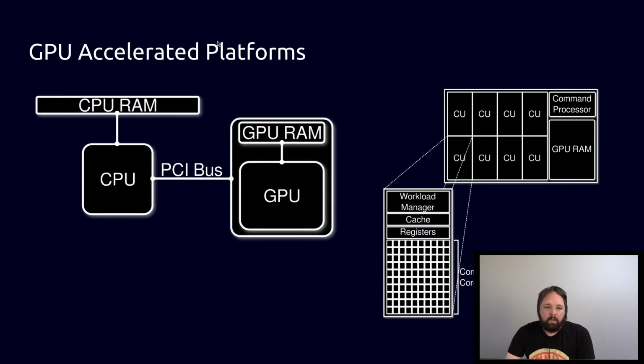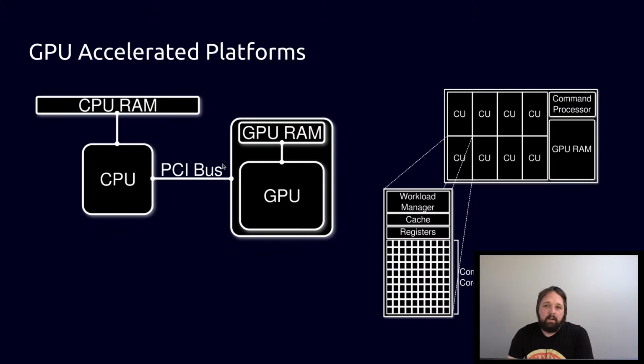So the key things to take away from this are, one, you have two distinct memory spaces and you have to deal with that. When you issue instructions for things to run on the GPU, all those instructions are communicated over that PCIe switch.